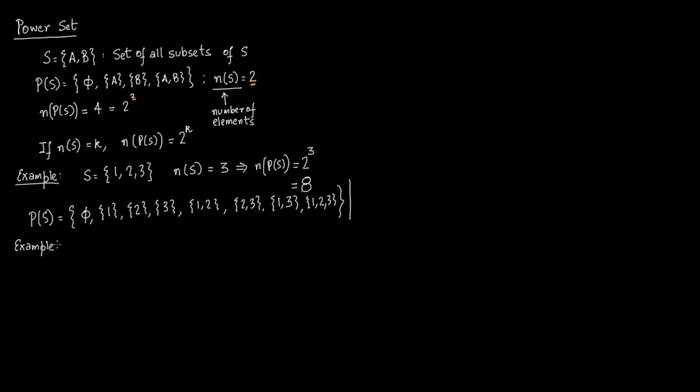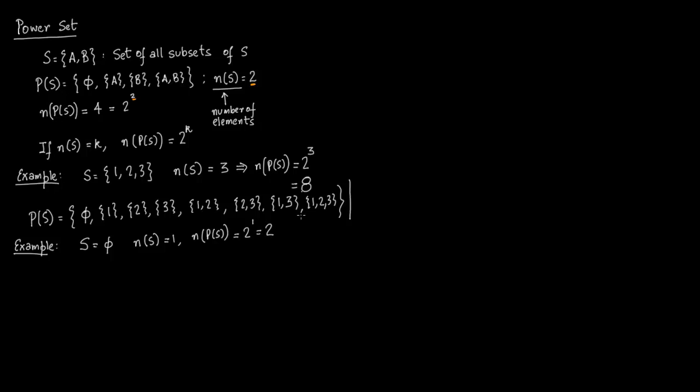Further examples. If S is a null set, then we have to determine the power set of S. The number of elements in this set is just 0, so the power set of S consists of 2 raised to the power of 0, just 1 element.